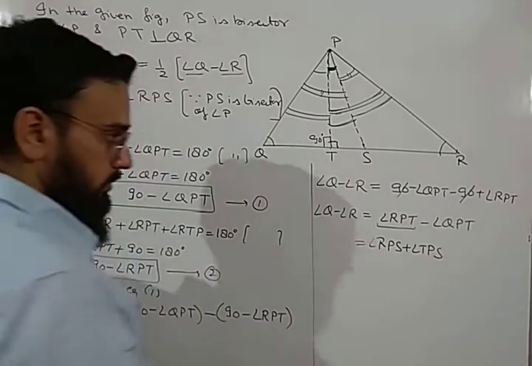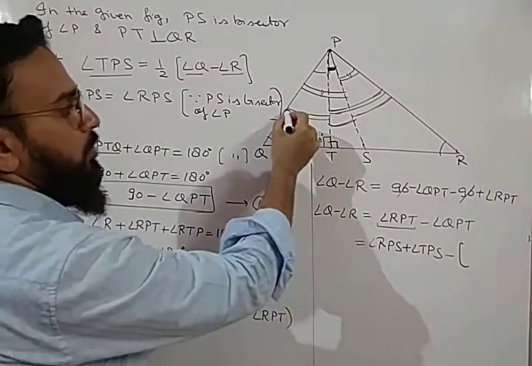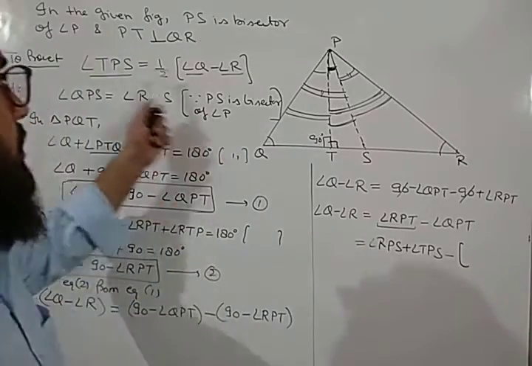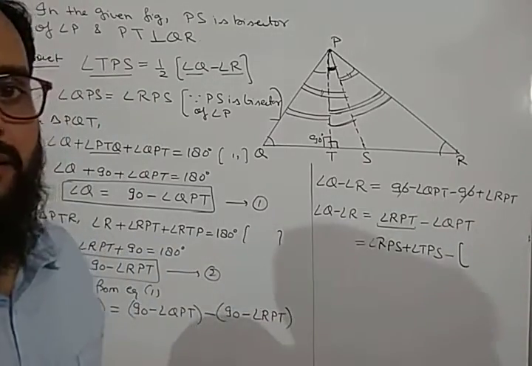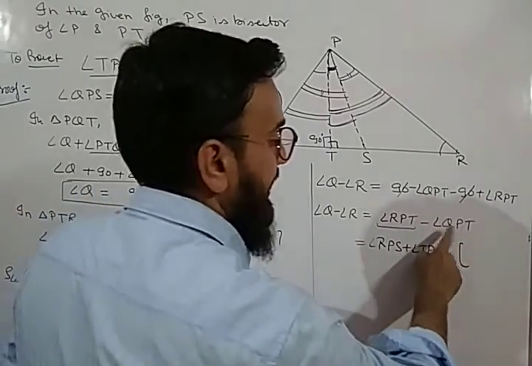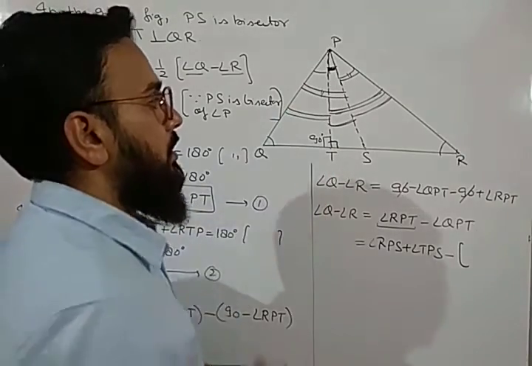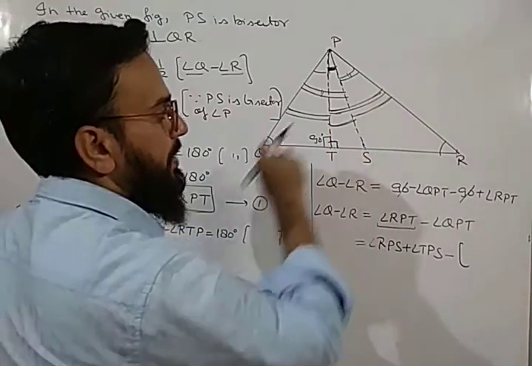Now at the place of QPT, we have to obtain QPT because we have to get the answer in terms of TPS. That's why I am converting it in terms of TPS. This is angle QPT. This can be written in terms of angle TPS. How?